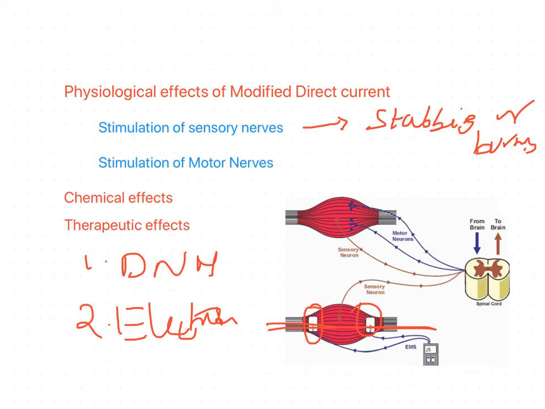And when muscle is denervated, many structural and functional changes occur. There are loss of voluntary and reflex activity, atrophy, degeneration and fibrosis, and also we can see the fibrillations. That means spontaneous contraction of muscle fibers are called fibrillations. So these are the three major things we can observe on the denervated muscle.